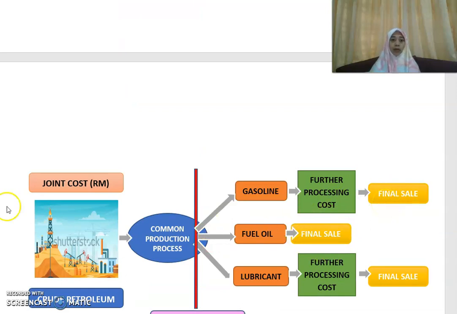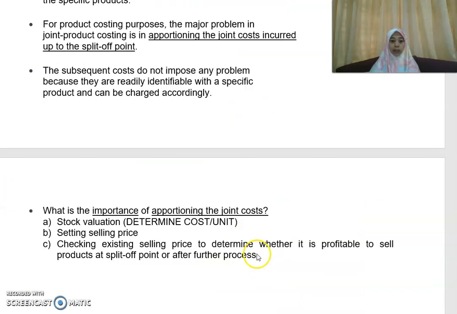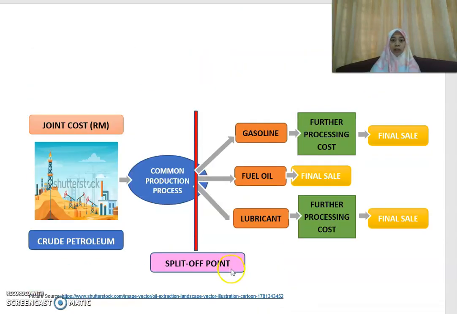That's why you need to apportion the joint cost for each of your products. You also want to check the existing selling price to determine whether it is profitable to sell the product at the split off point or after further processing. Maybe you want to make a decision whether to sell, for example, gasoline here, or to incur further processing costs before you sell the product. So that is basically what you need to know for the joint product and the joint cost.